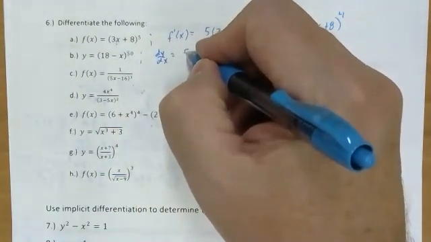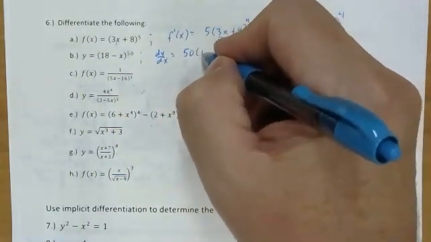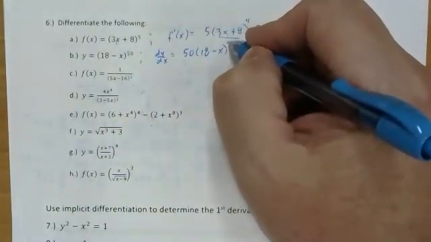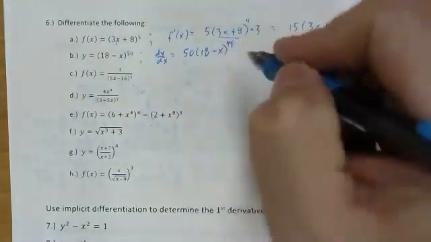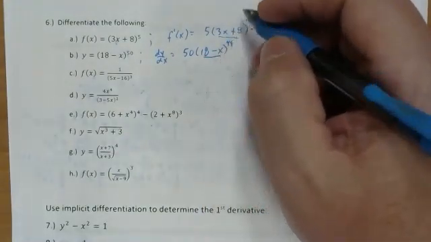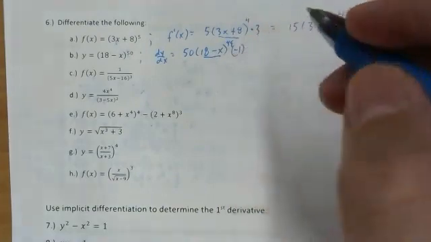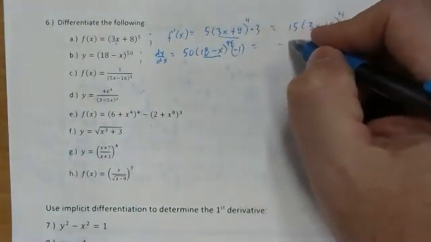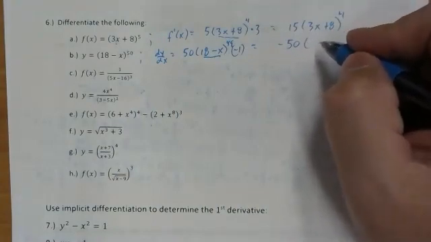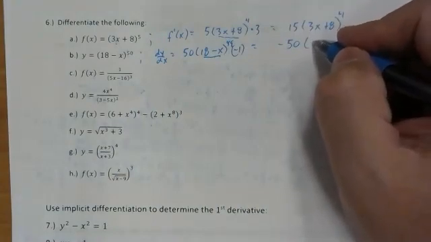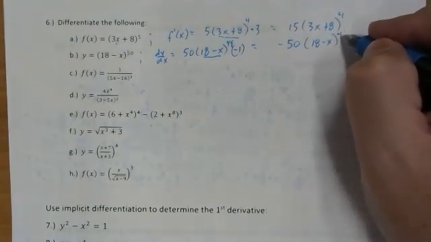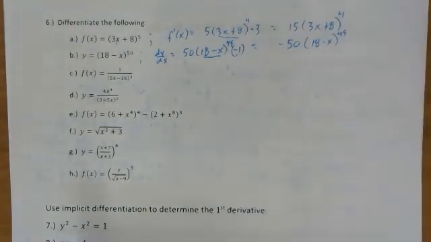Derivative, so the outside, the 50 comes down front. 18 minus x, subtract 1. And then now you multiply by derivative of what's inside. Derivative of negative x is just negative 1. So the answer should be negative 50 times 18 minus x raised to the 49th power.